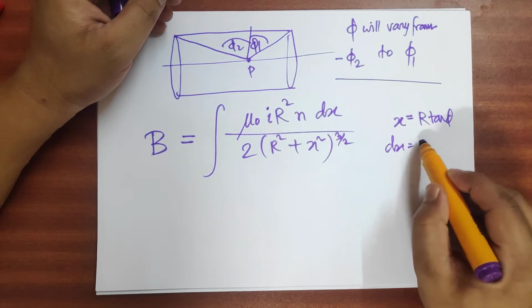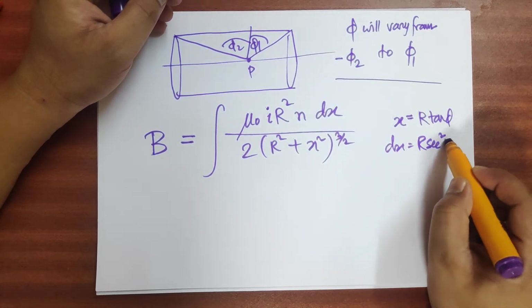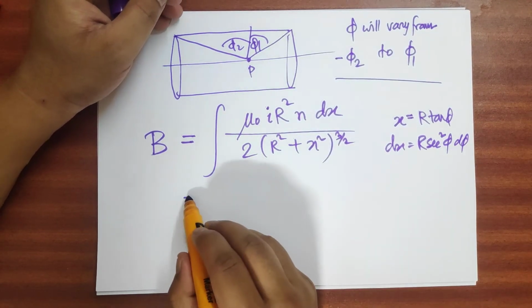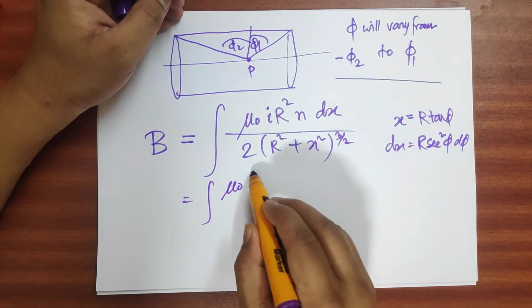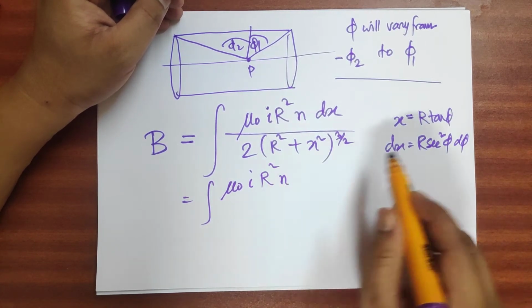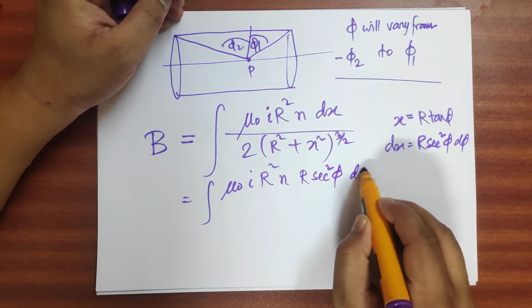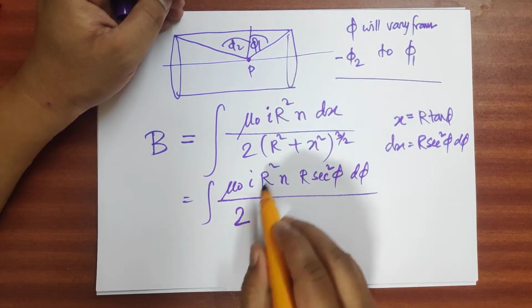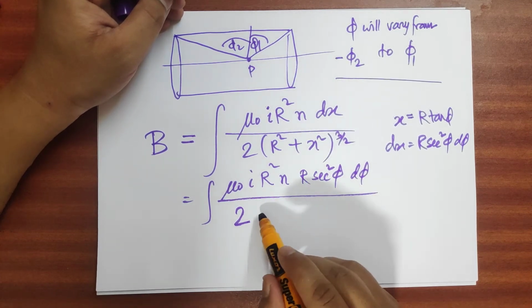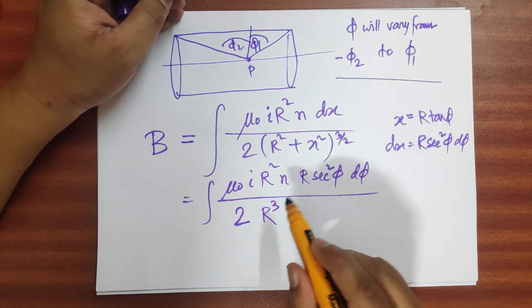So therefore dx equals r sec square phi d phi. So I'll put it here, r square n times dx, so r sec square phi d phi, and downstairs you have r cube.